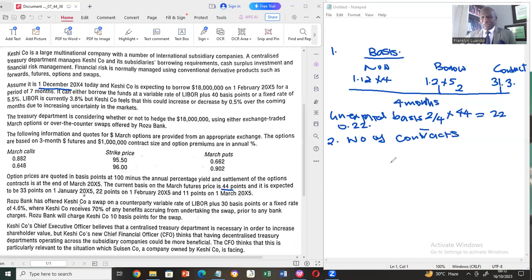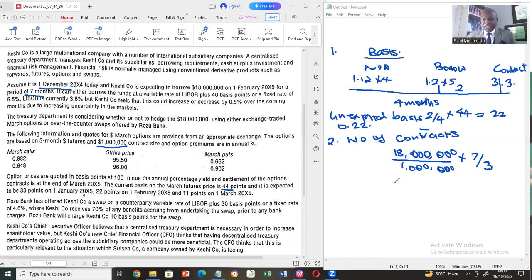Number of contracts here, we have the amount to be borrowed, 18 million, divided by contract size, which is 1 million, multiplied by the borrowing period, we are told it's 7 months, divided by 3, 3 is standard.